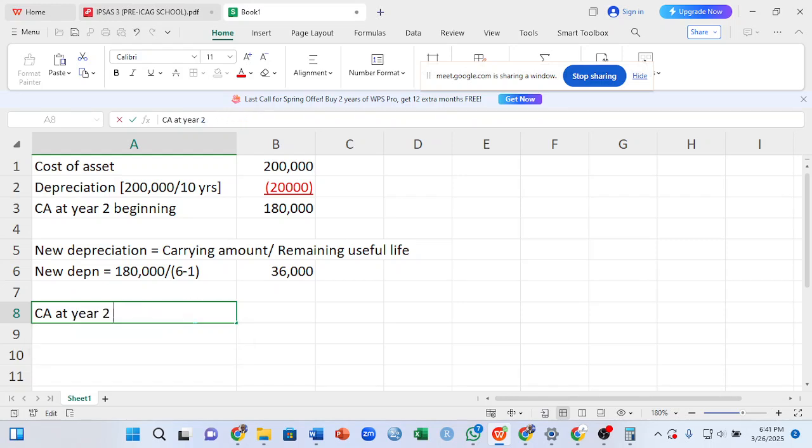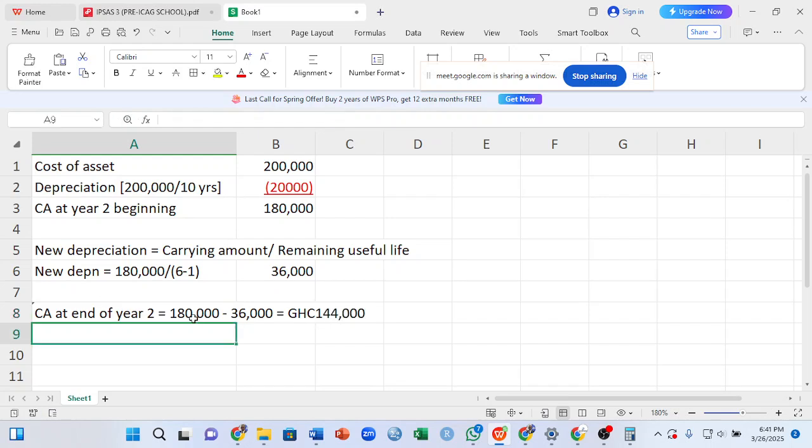So at the end of year two, that will definitely be the 180,000 minus the new depreciation now, which is 36,000. What are you going to get? 144,000. That's all.